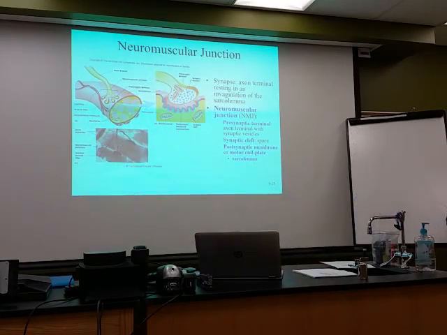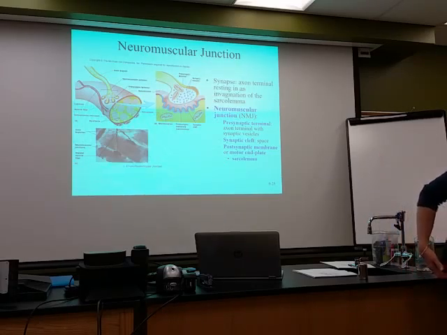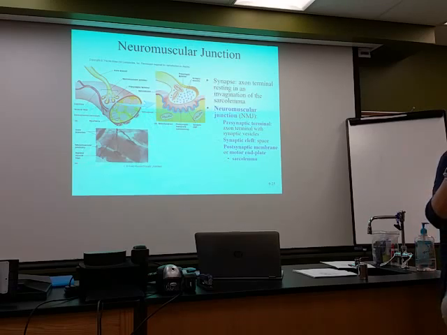And remember, if we take a look at, for example, the sartorius, that's the longest muscle of the body. And that means, depending on how tall you are, for this sartorius muscle, that fiber could be this long.